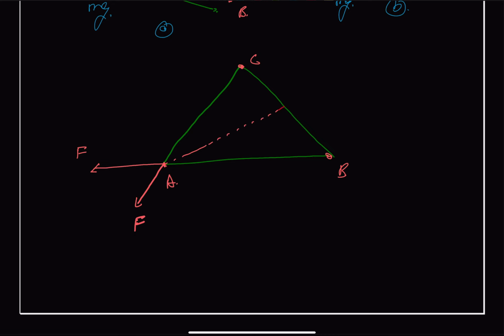Let us call this point D, and this angle will be 30, and this angle will also be 30, and each side is equal to a, because this is our equilateral triangle, and this angle is 60, and this angle will also be 60.